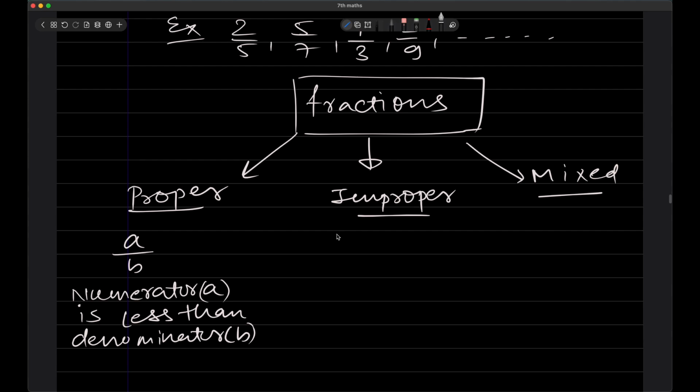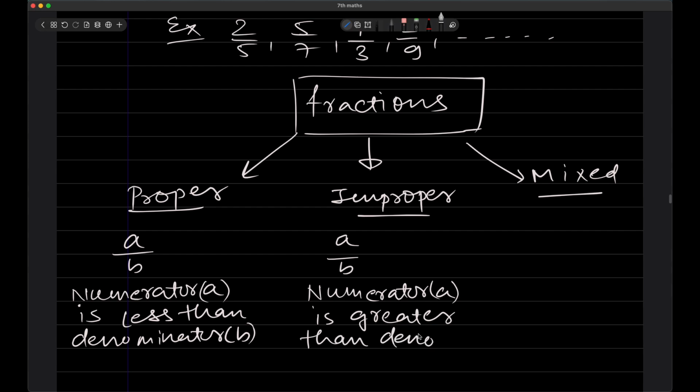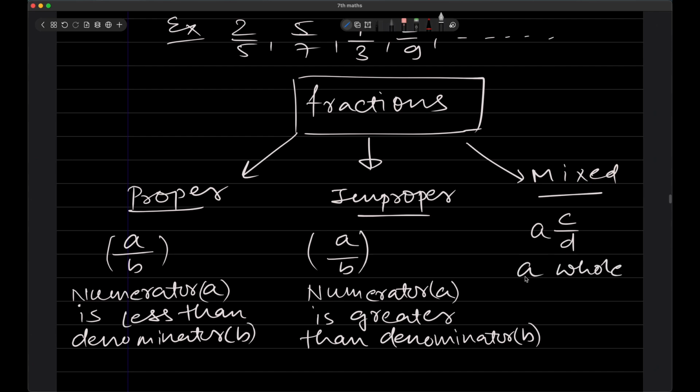Improper fractions are the fractions of the type a divided by b, where numerator a is greater than denominator, and mixed fractions are of the type a whole b by c, or we can say c by d.